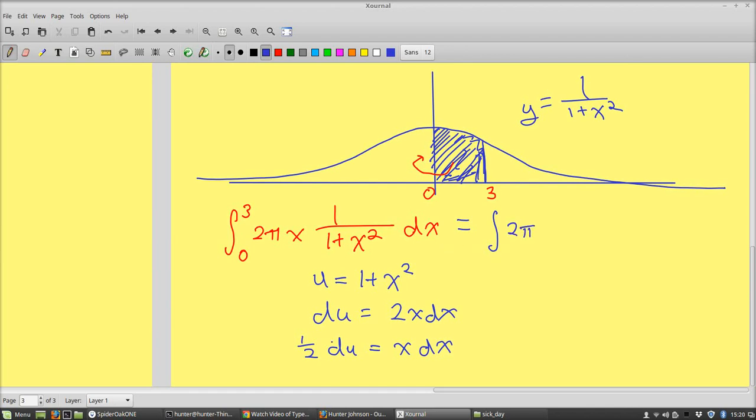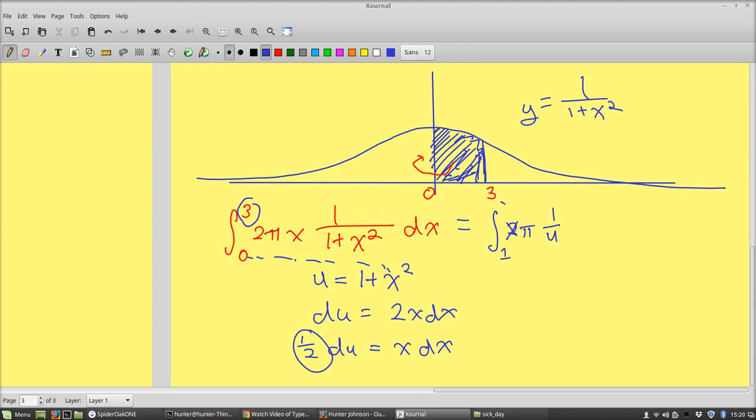2 pi, and then there's a 1/2 here. So let's just say that that 1/2 kills that 2. So you've got a pi, and then it just becomes 1 over u, right? Oh, you know what? I am going to change the limits because this is going to involve natural log, and natural log turns 1 into a 0.